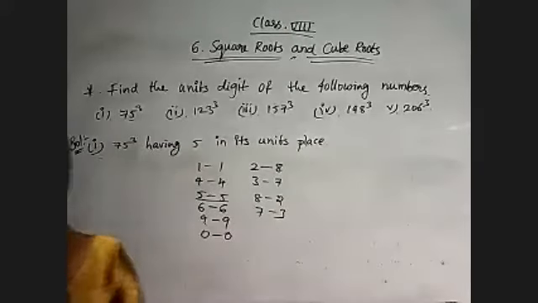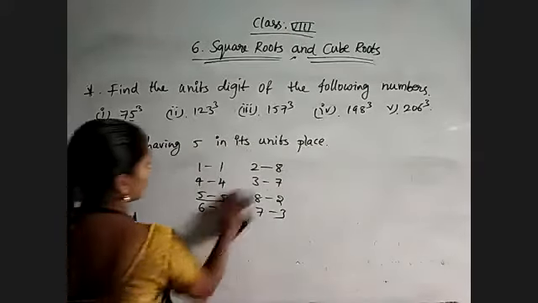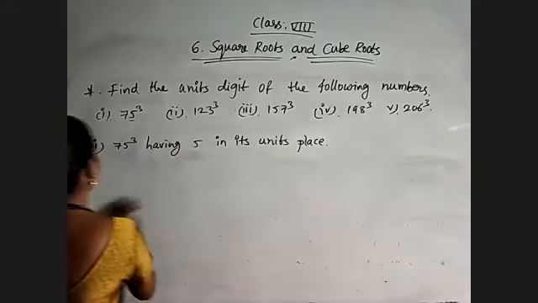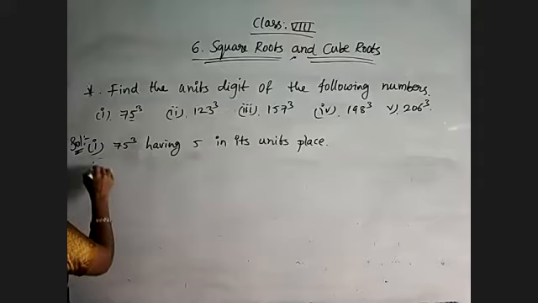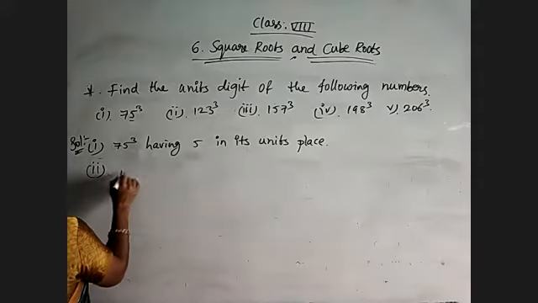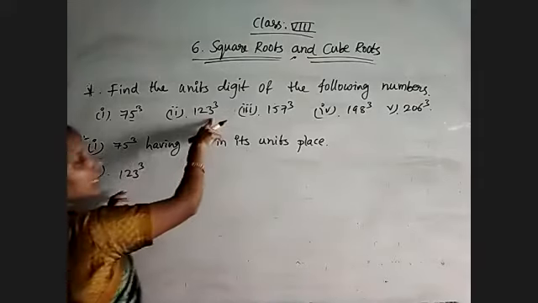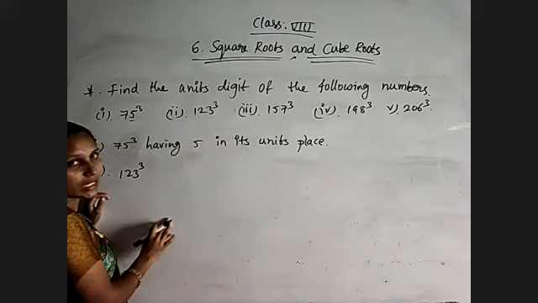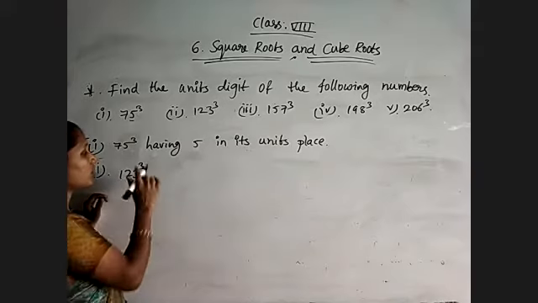Okay, then coming to the second question. 123 cube is having 3. So the numbers which are having 3, we will get 7 in the cube value. Yes or no?